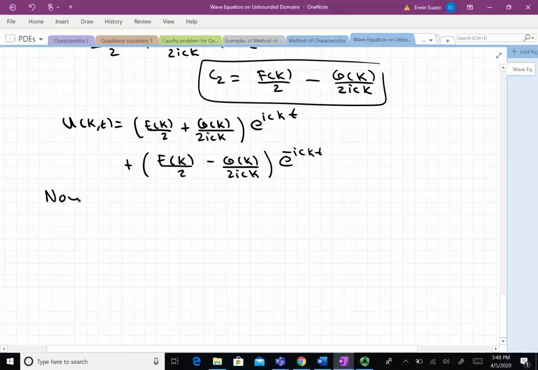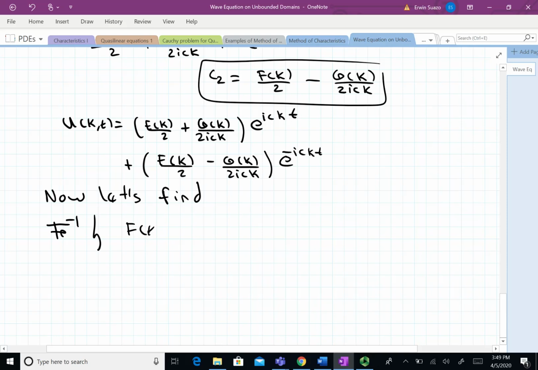Now let's find the inverse Fourier transform of the first guy, that is f(k) divided by 2 plus g(k) over 2ic. Okay, sorry, not exactly.